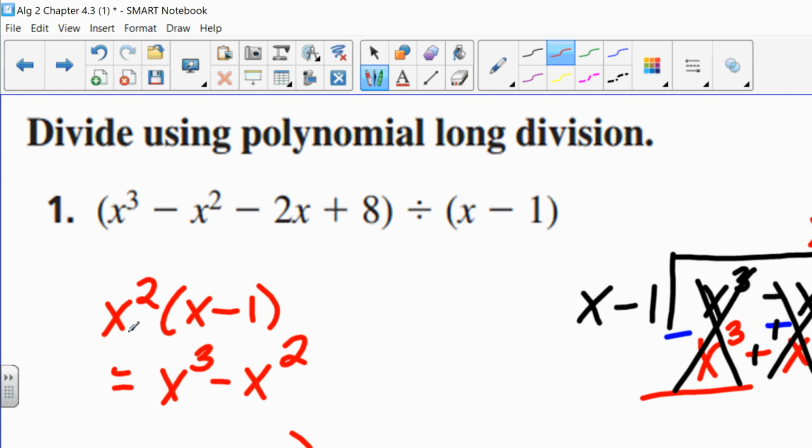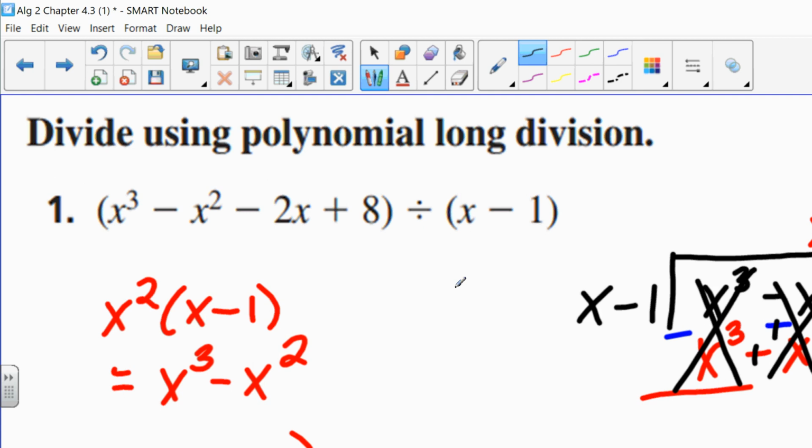And negative 2 times negative 1 is plus 2. And then we would subtract. And negative 2x minus negative 2x is going to be 0, because the negative and negative would make a positive, so negative 2 plus 2 is 0.